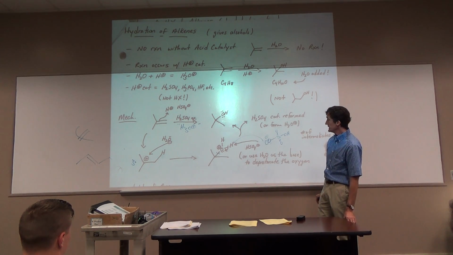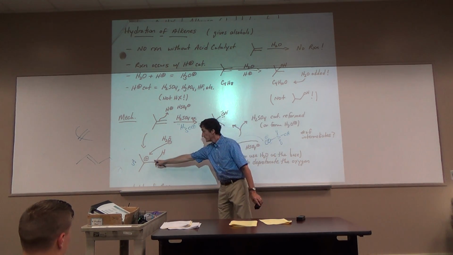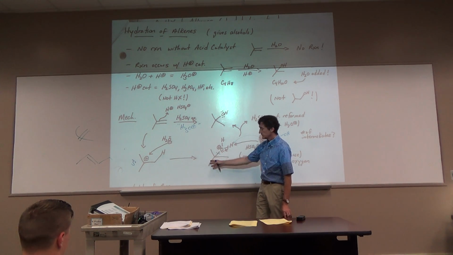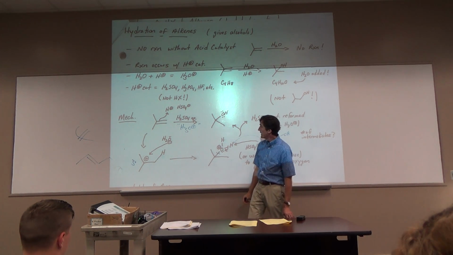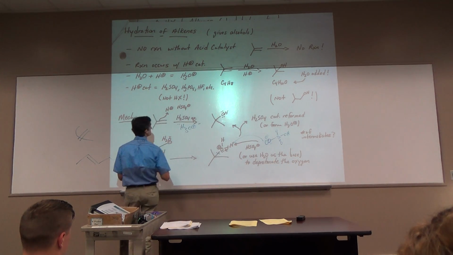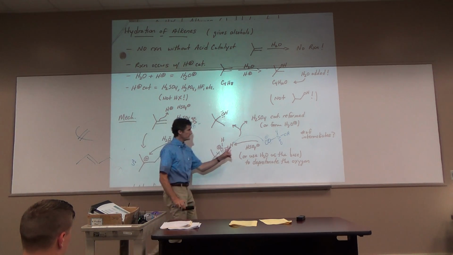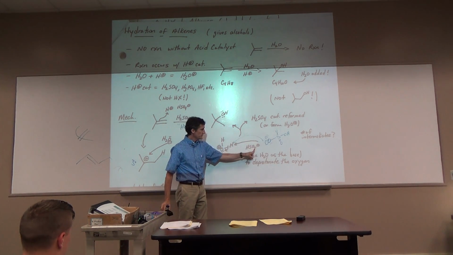How many intermediates in this mechanism? 2. Carbocation intermediate, and then this positively charged oxygen intermediate. 2 intermediates, right? Okay, questions here? Now, I typically will let you get away without showing this in full. And I usually just do something like this.